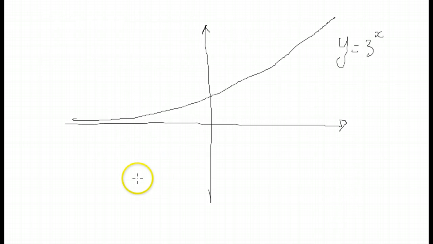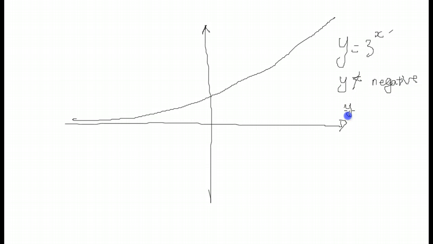Alright, say we take the example of the graph y equals 3 to the power of x. Now observe that there will be no negative values of y for any value of x. What it means is that y can never be negative.